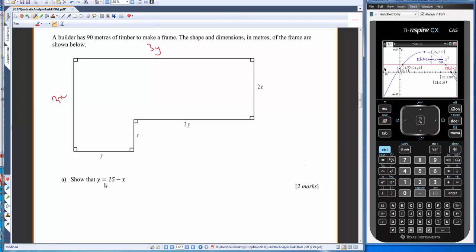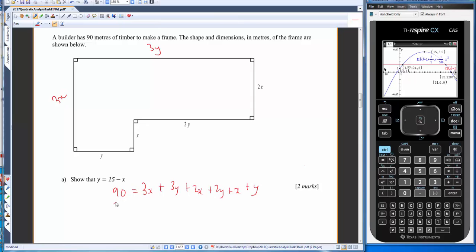Essentially we're going to use the perimeter formula. So 90 equals, let's add together the sides. We've got 3x plus 3y plus 2x plus 2y plus x plus y.